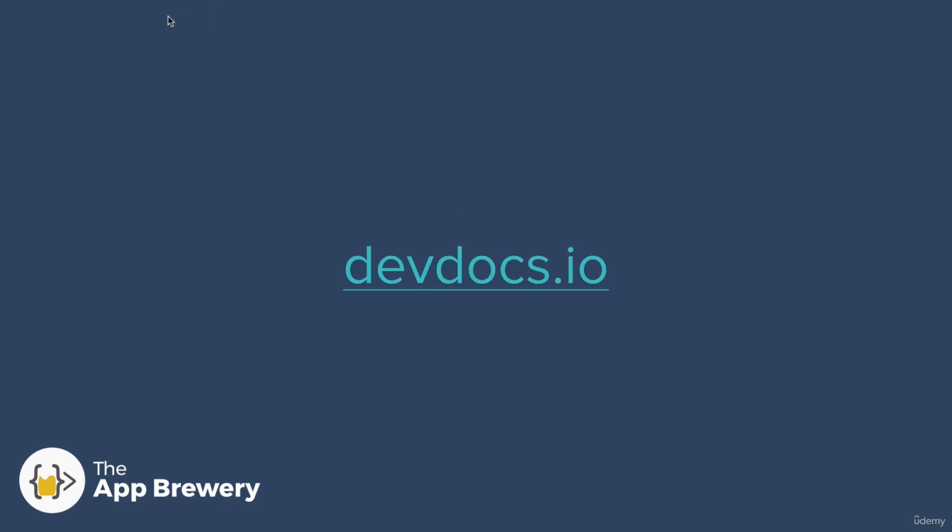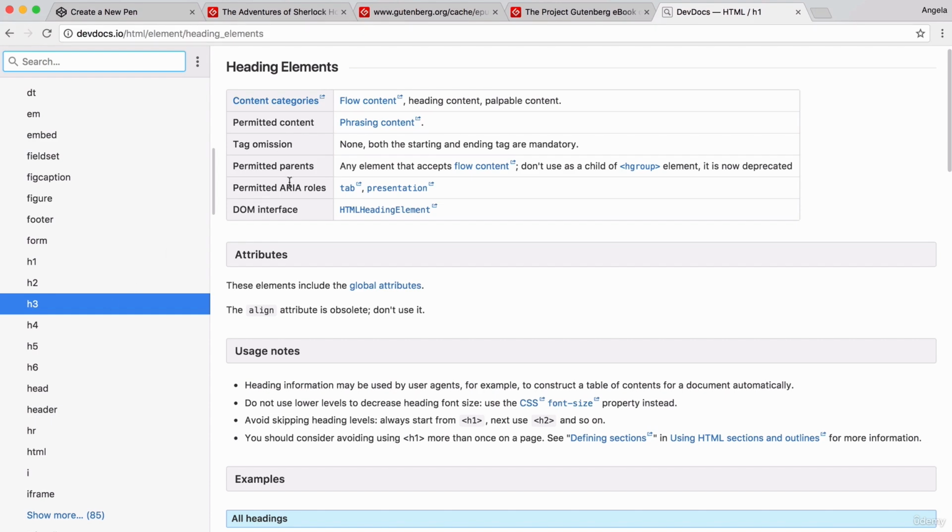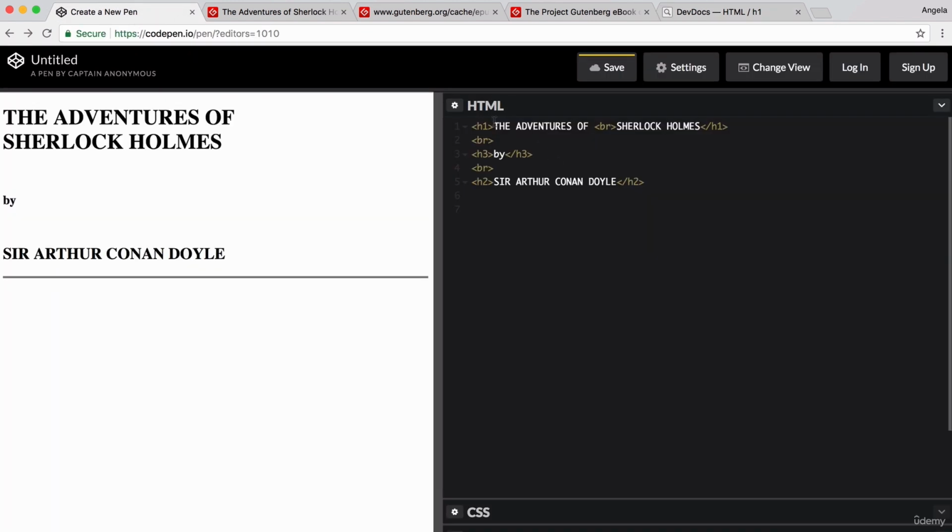Well, this is where we head to the documentation again. So if we have a look at the documentation for the heading elements, you can see that there's this part in the table that says tag omission, and it says that both the starting and ending tags are mandatory so that you can specify which portion of your text you want to apply this structure to.